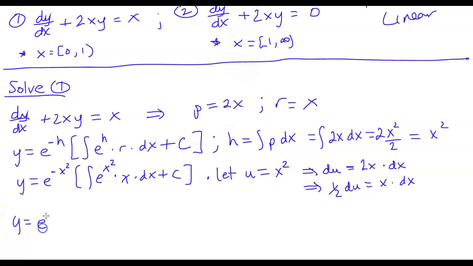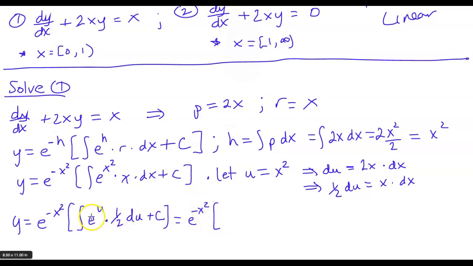So from here, e raised to the negative x squared, integral of e raised to the u times 1/2 du plus c. And the antiderivative of e to the u is just e to the u. Of course, we factor out the 1/2. Then we have the plus c at the end.